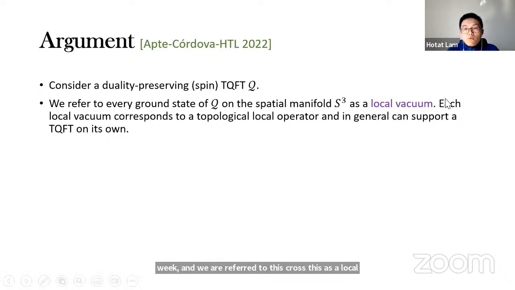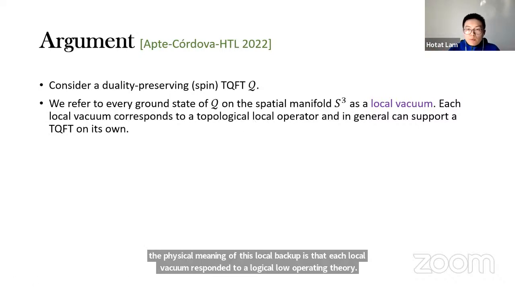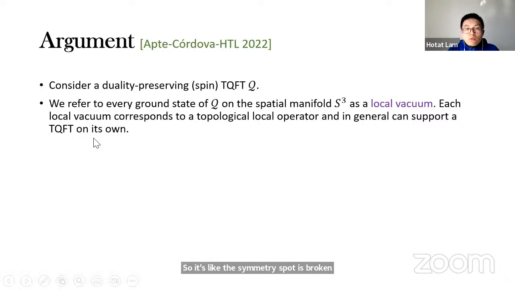The physical meaning of a local vacuum is that each local vacuum corresponds to a topological local operator in the theory. It's like a symmetry is spontaneously broken. There's some zero-form symmetry that is spontaneously broken. In general, each local vacuum can also support its own TQFT. So for example, something that can happen is that the TQFT can have two local vacua. One is a trivial vacuum, and the other is a vacuum that has, let's say, a Z-gauge theory on top of that.